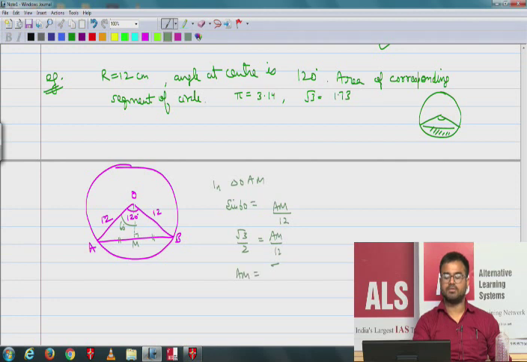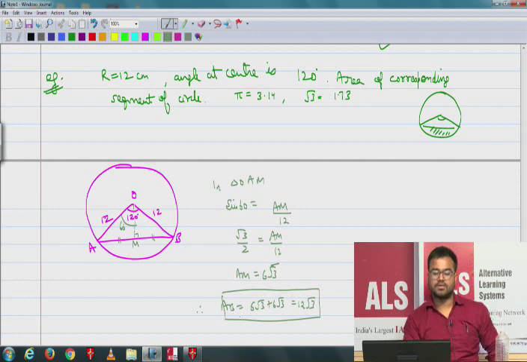So AM is equal to 6 root 3. Since AM is 6 root 3 and BM is also 6 root 3, AB is equal to 6 root 3 plus 6 root 3, which is 12 root 3. This is the length of AB.